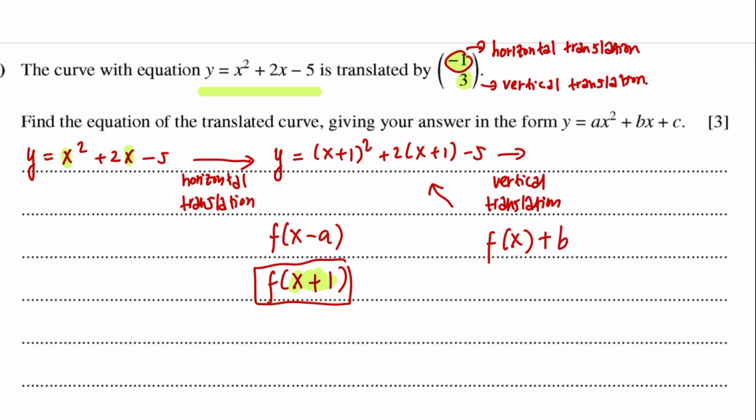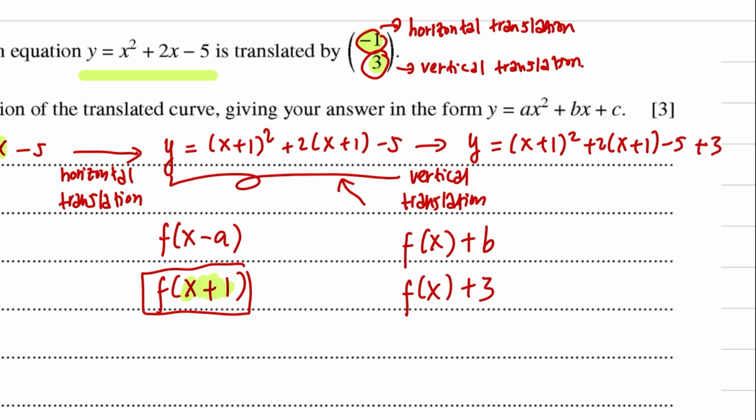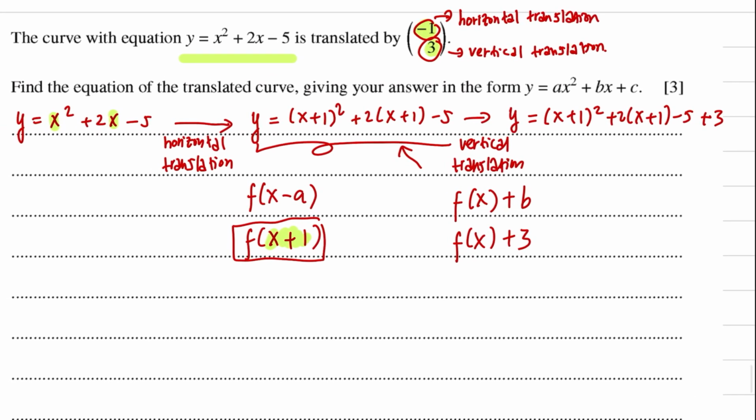So what is my b? This is my b, which is 3. So that means it is f(x) plus 3, so we add all of this by 3. We just add once. So (x plus 1) squared plus 2 times (x plus 1) minus 5 and then plus 3 at the end.